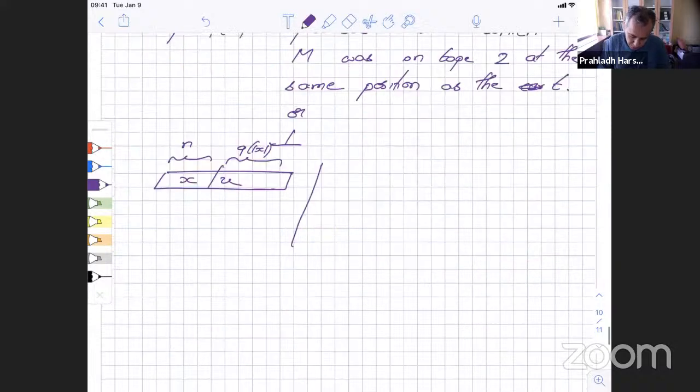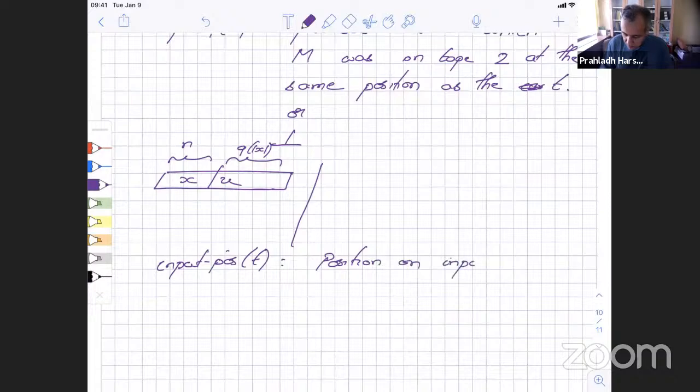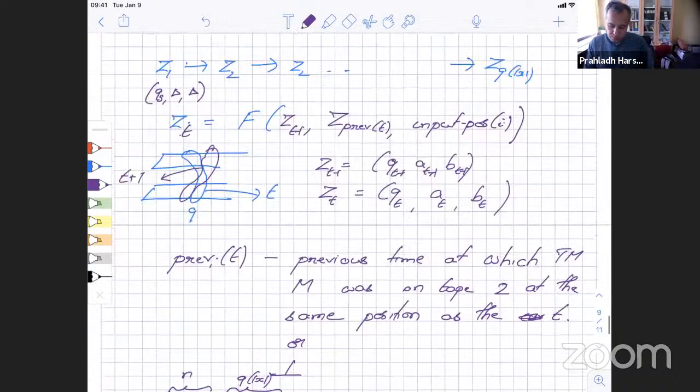Input position at t is the position on the input tape at time t.